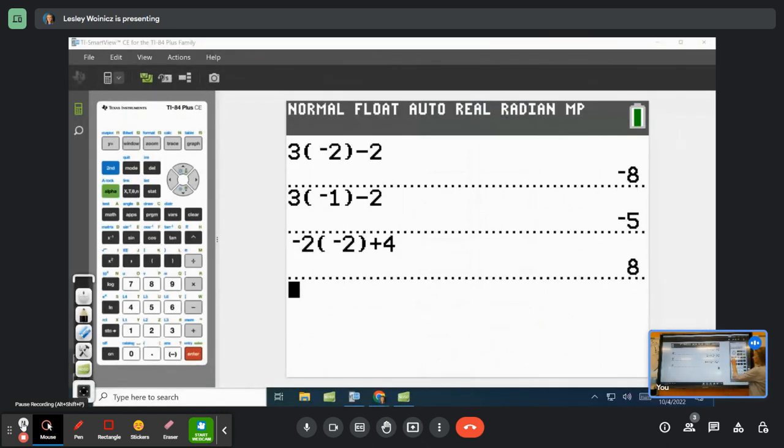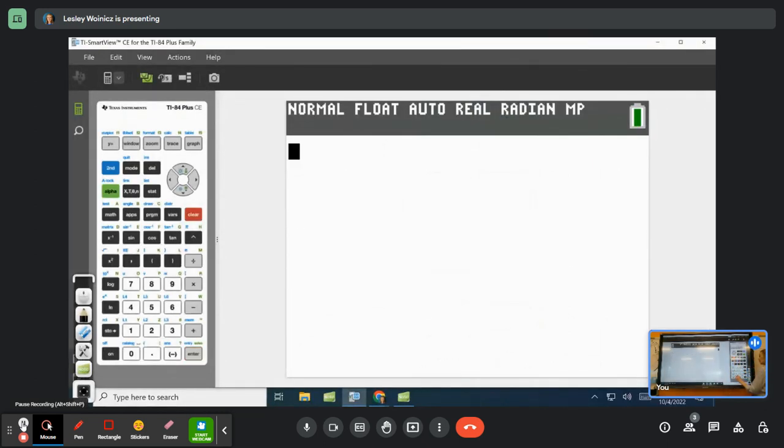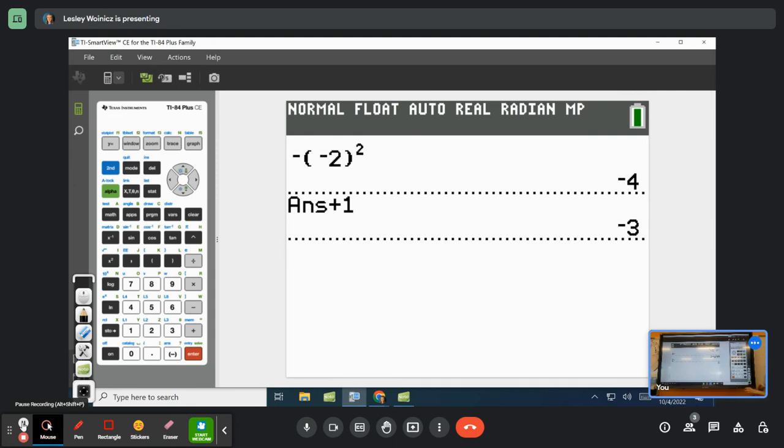So on my calculator, I'm going to say the opposite of open parentheses, -2, close them, square it. Did I forget the plus 1? Plus 1. I got -3.